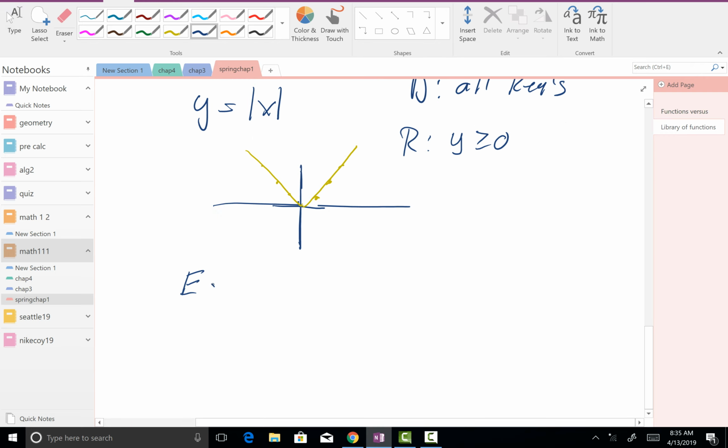I want to put this one in. Y equals a to the x. So a is just some real number. This is an exponential function.